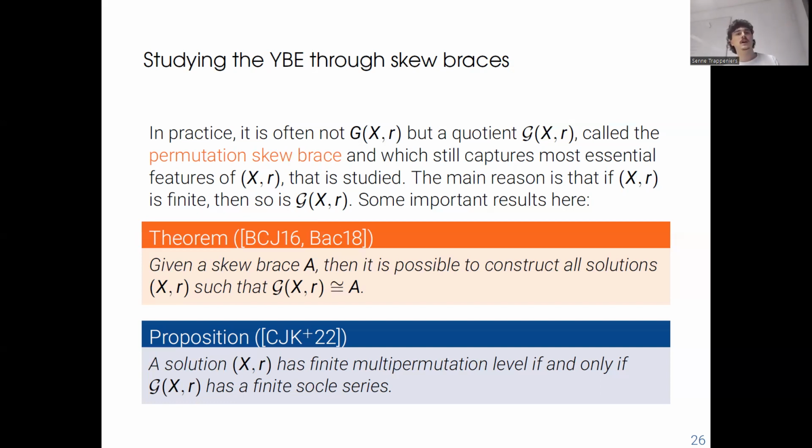It was proved that a solution X, r with finite multipermutation level, which I will not define, but think of it as: one can take retracts of elements acting in the same way, and if we take retracts a sufficient number of times, we get a trivial solution. This is equivalent to its permutation skew brace having a finite socle series. I might as well have said that this also means the structure skew brace has a finite socle series, but once again, this is usually more convenient when working with finite solutions.